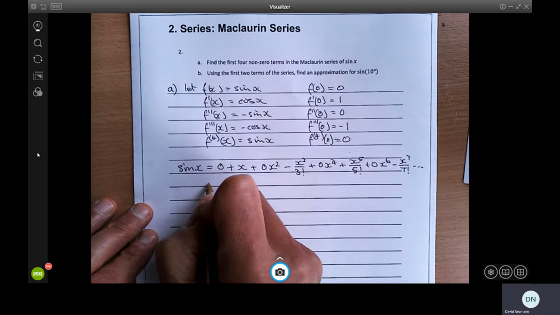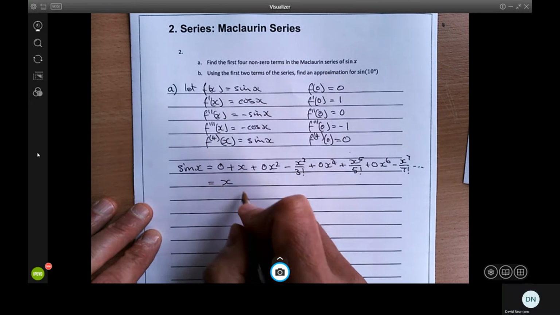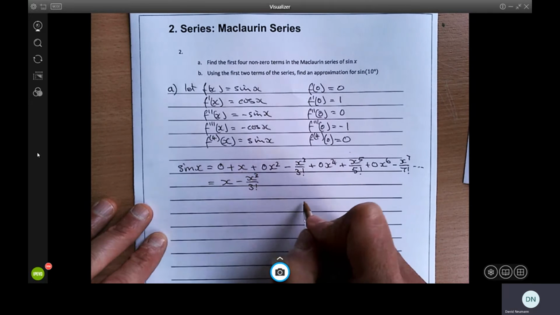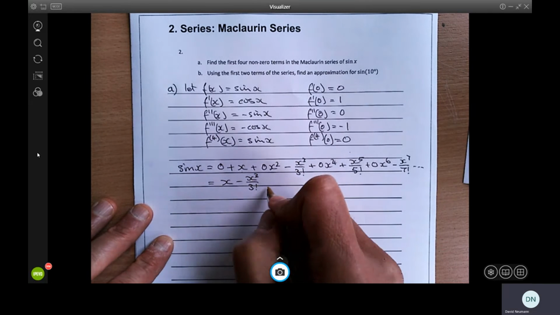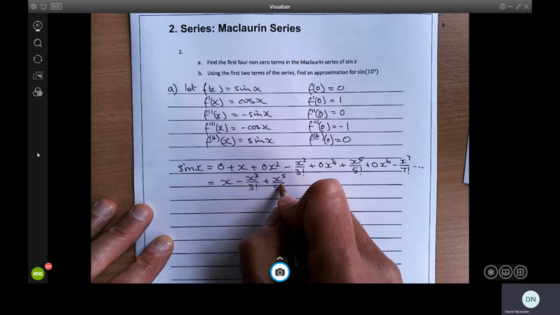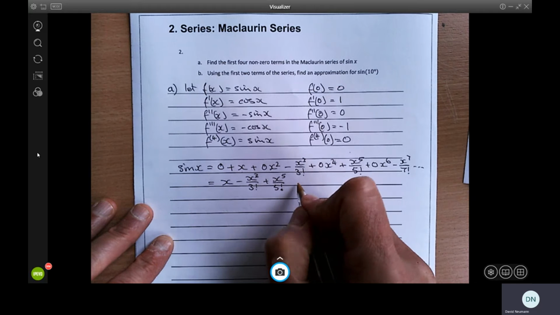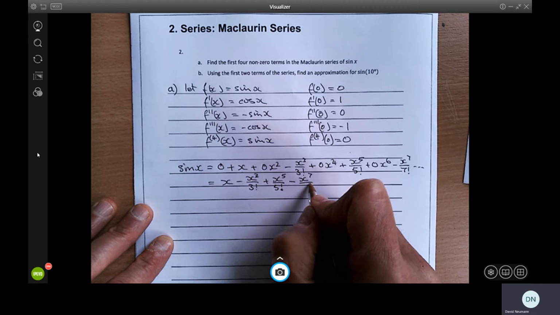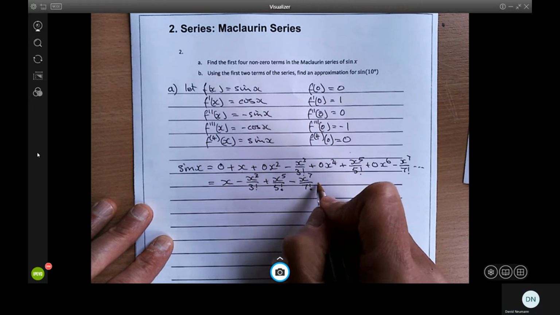So sine of x is equal to x minus x cubed over 3 factorial plus x to the power of 5 over 5 factorial minus x to the power of 7 over 7 factorial.